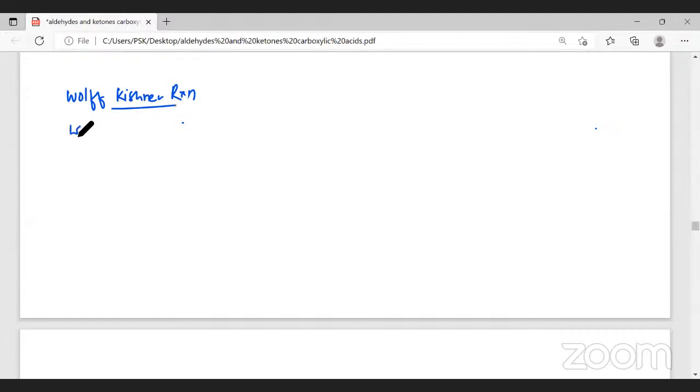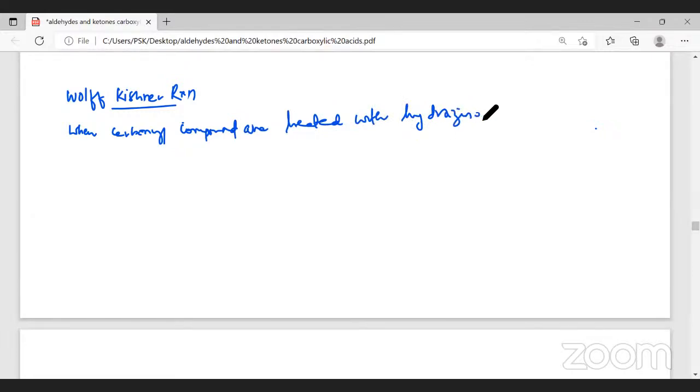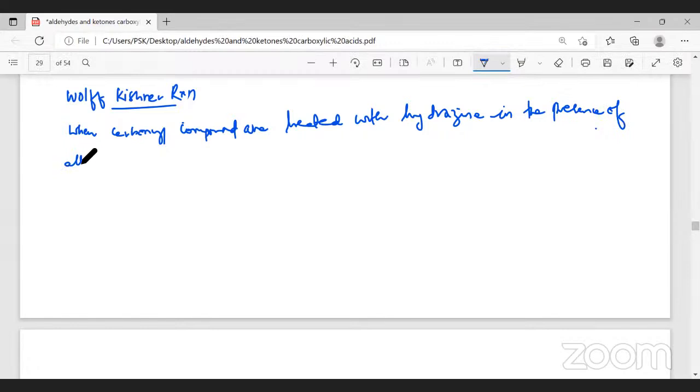So when carbonyl compounds, aldehydes or ketones, are heated with hydrazine in the presence of alkali, hydrocarbons are formed.